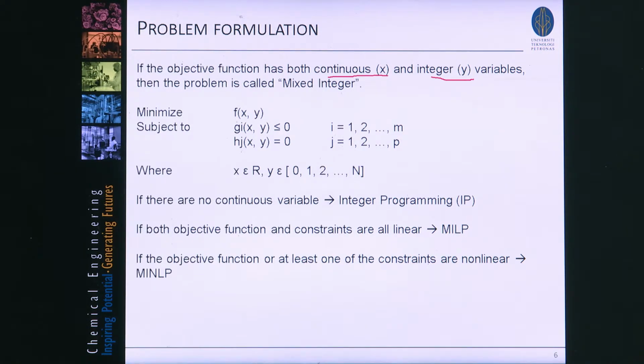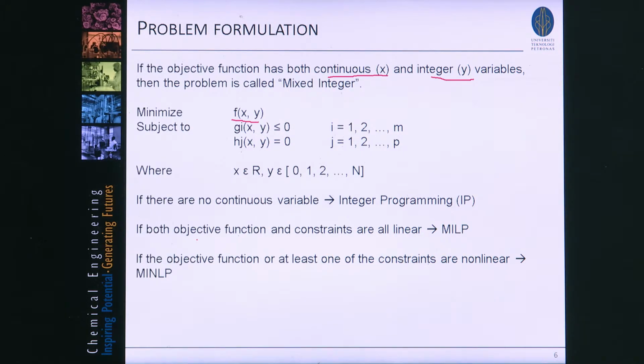Still, the formulation is about minimizing an objective function with inequality constraints having continuous and integer variables, as well as equality constraints having either or both the continuous and binary or integer variables.